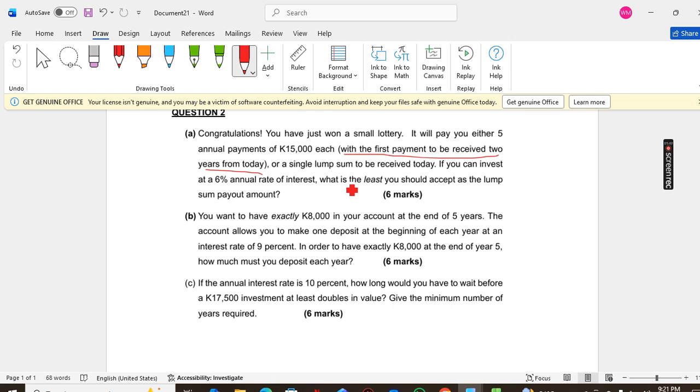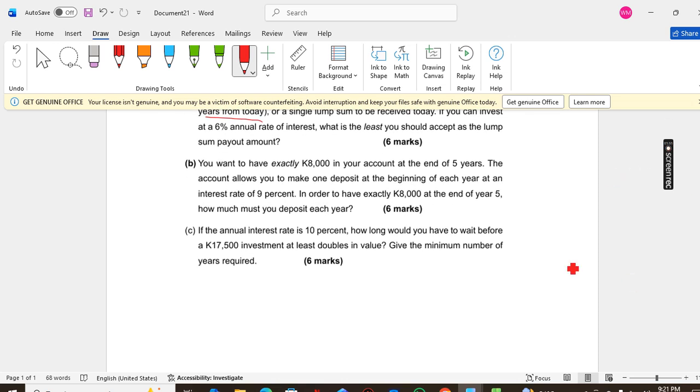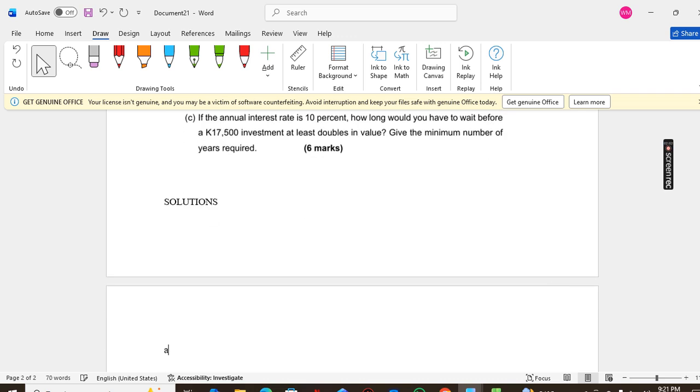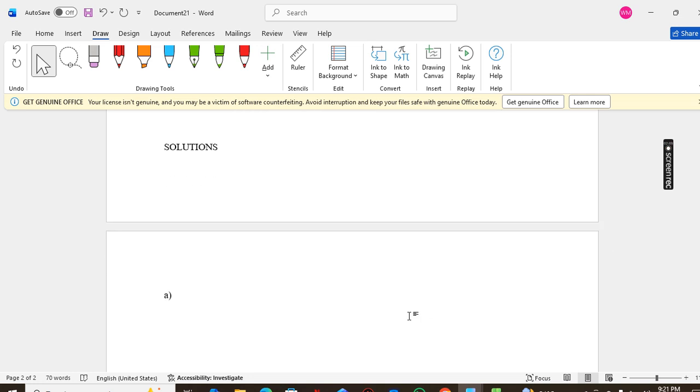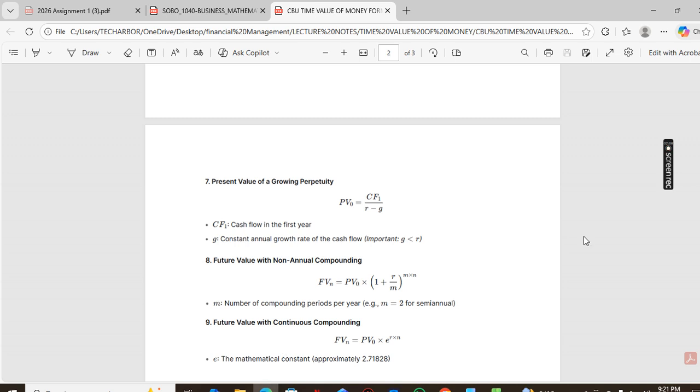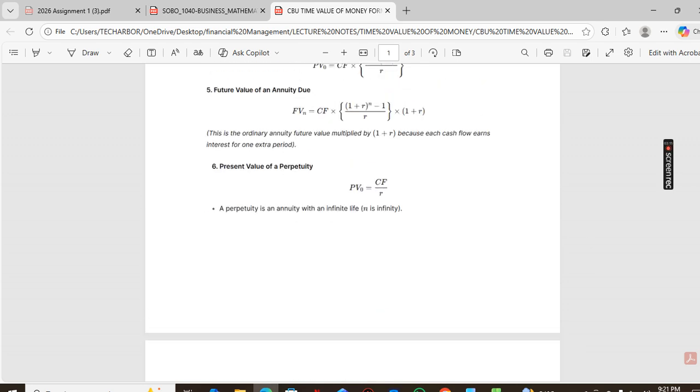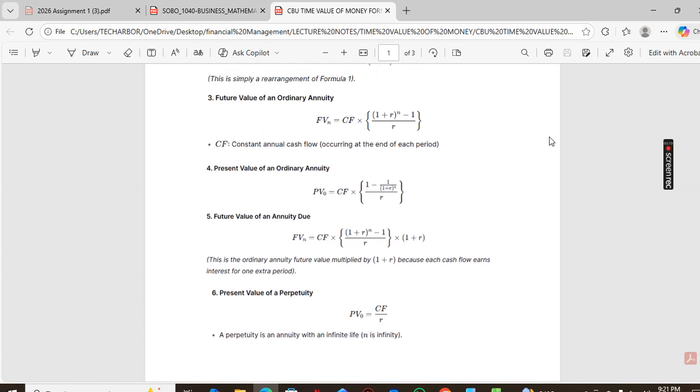Okay, so since it's a deferred annuity, this is how the formula is going to be. Here's the formula for the present value of an ordinary annuity. Okay, present value of an ordinary annuity. So we use this formula.